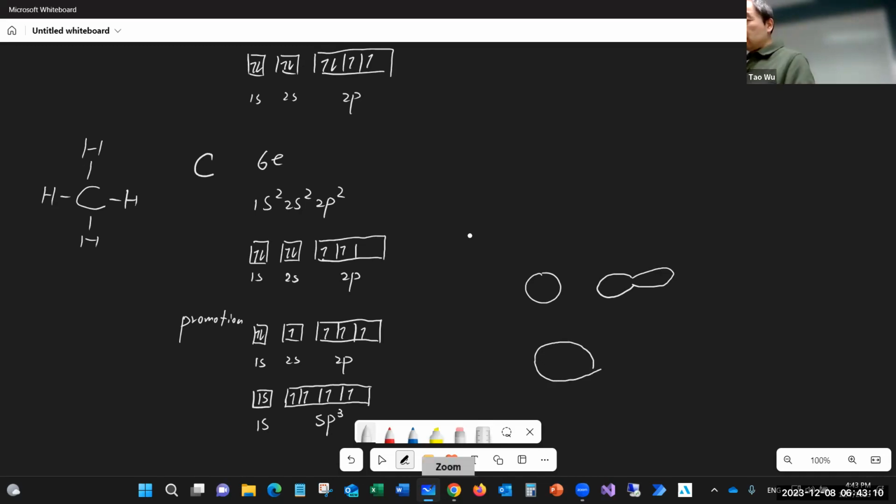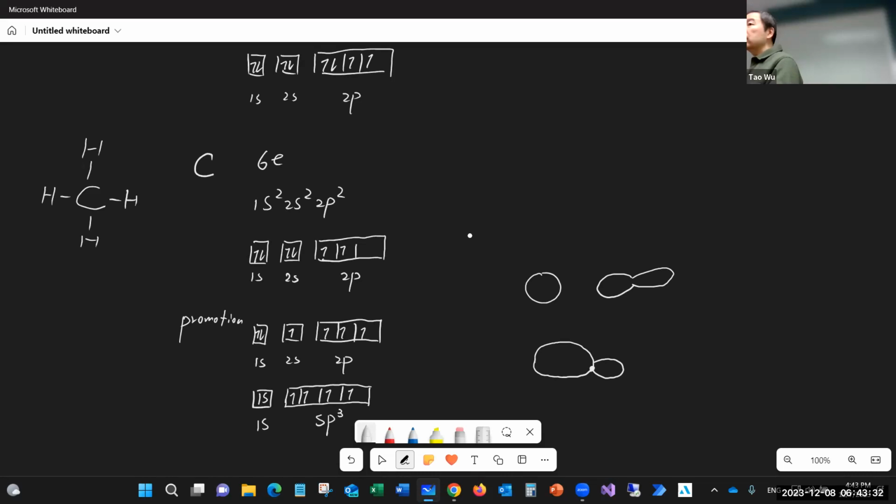Sorry, I have a really terrible drawing. But generally, one lobe is very big, another lobe is very small, and the nucleus is still in the middle. So this is what we call the hybridized orbitals.